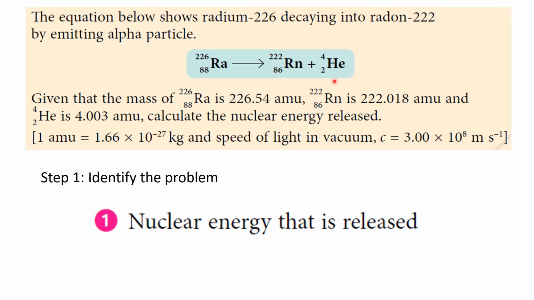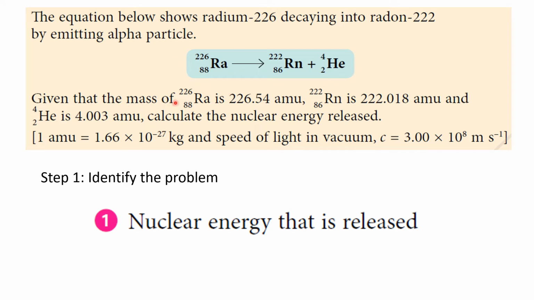Now, let's take a look at the question. The equation below shows radium-226 decaying into radium-222 by emitting an alpha particle. So this is the equation.